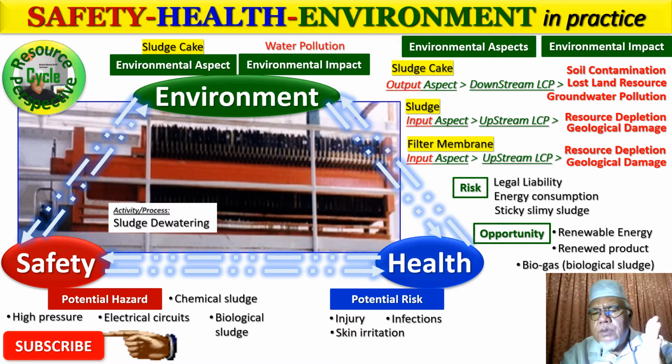Water will come out from the system, press water we call it, and the solid or dewatered sludge would remain at the surface of the membrane of all these elements of the filter press. Then it will reopen, it will expand itself again, and we are hoping most of this sludge cake drops down to the bottom and is collected for further handling.